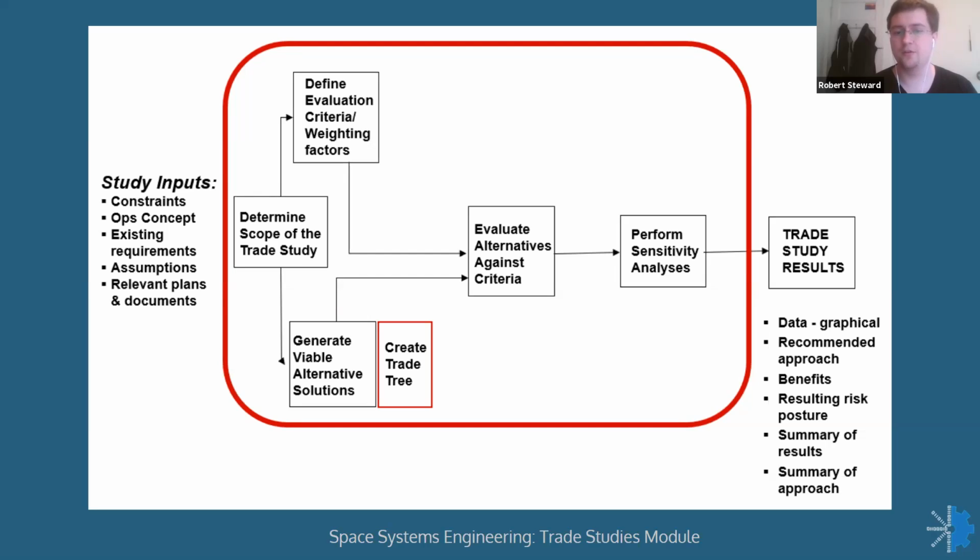As you keep going, you'll start to come up with ideas and criteria for how you want to grade your different solutions. Then you'll eventually end up with some trade study results that include some data, maybe graphical, as well as probably the most important, the recommended solution and potential benefits of that solution compared to others.